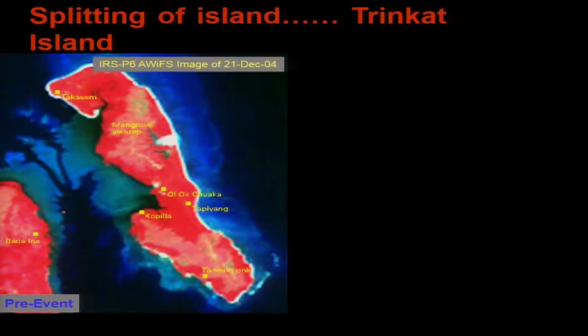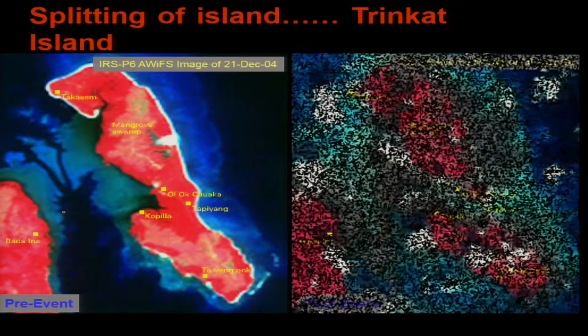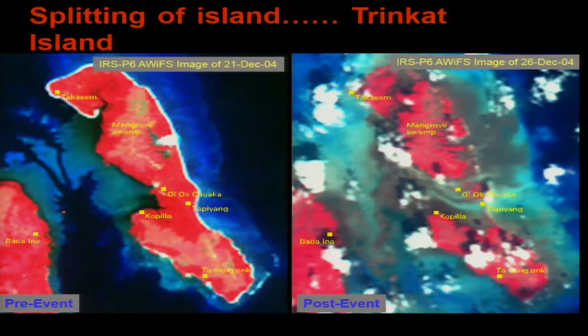This is the story I was talking about, the splitting of the islands. This image was taken by NRSA before the event, and this was after the event. You clearly see that this area looks like it was split into two islands, but this happened because of the subsidence and the water getting inland along the coastlines.